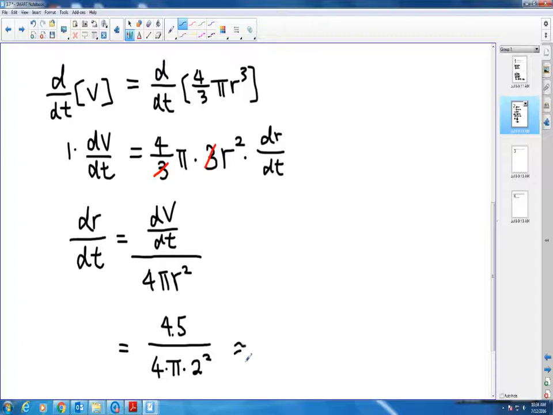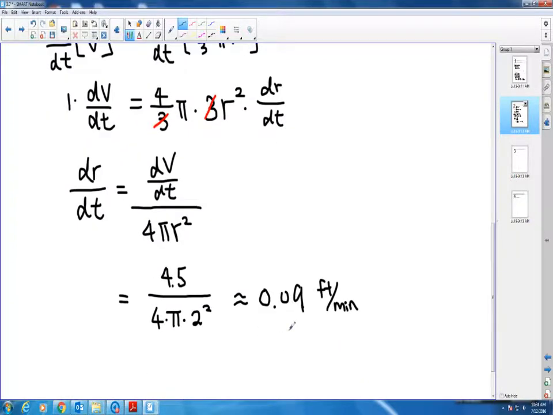So that will be about 0.09 feet per minute if I round to 2 decimal places. So my rate of change is 0.09 feet per minute.